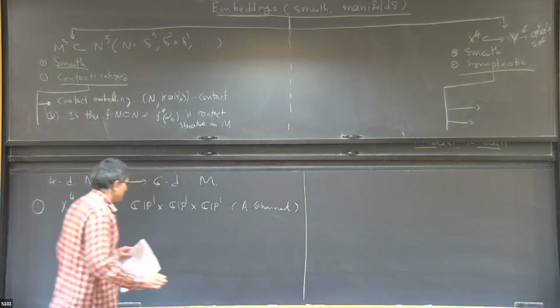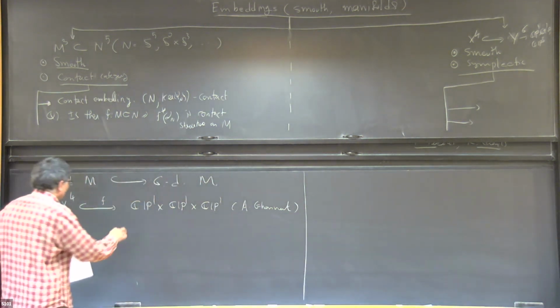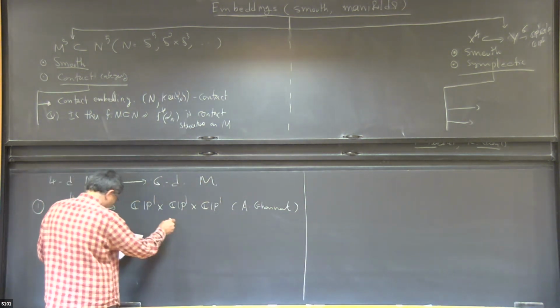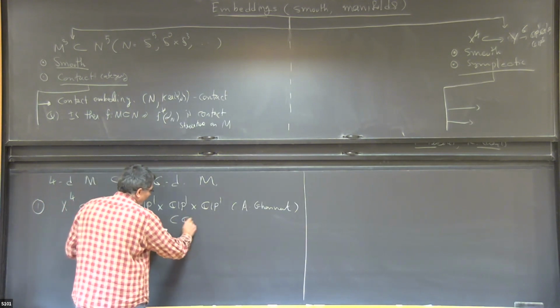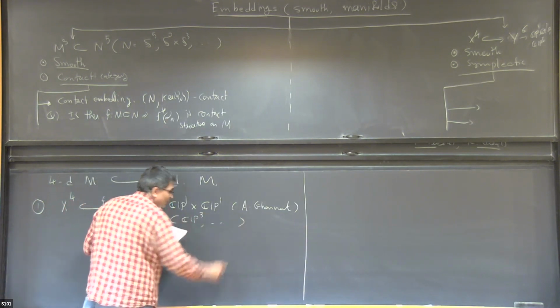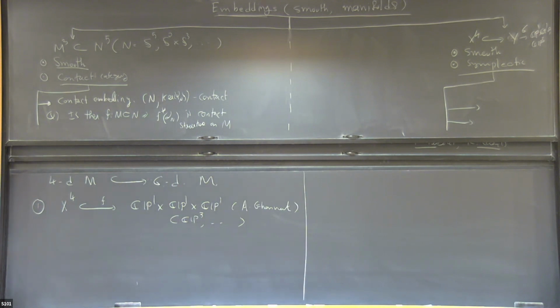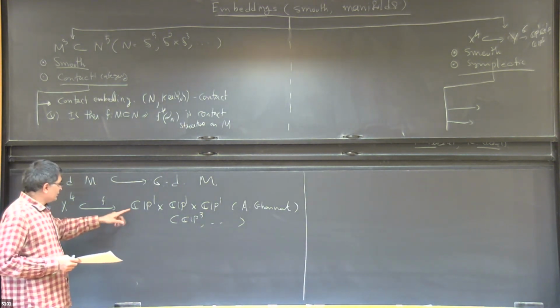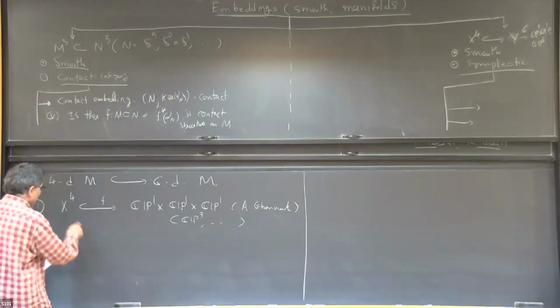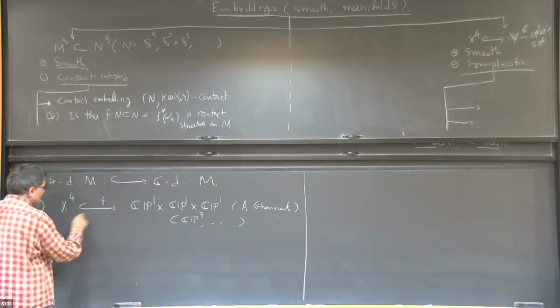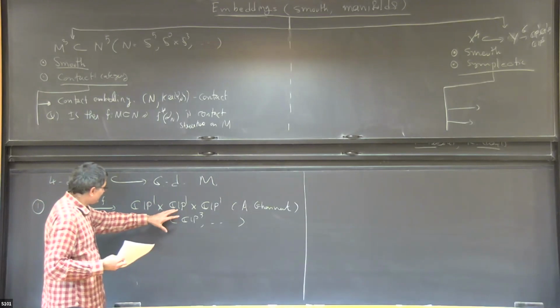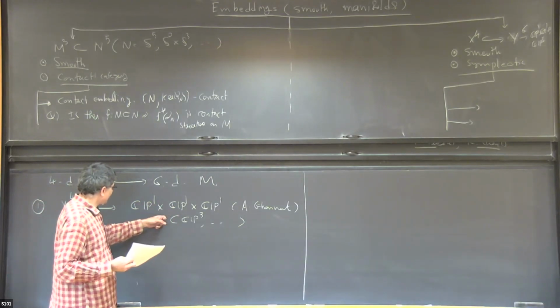This is with Abhijit. Or you can in fact change this target manifold to some other manifold like CP3, CP2 cross CP1. And I think finding a 6-manifold in which all orientable 4-manifolds embed was probably not known.